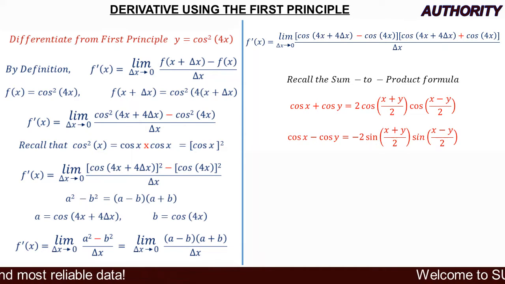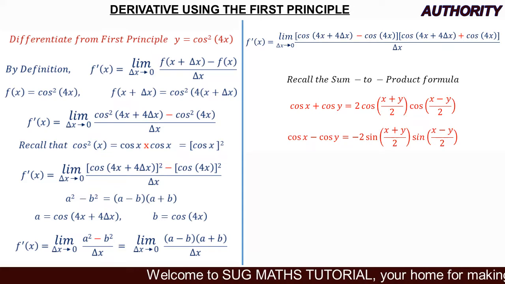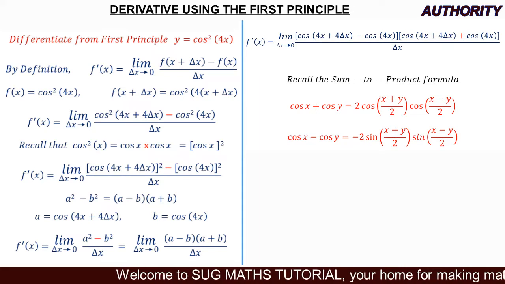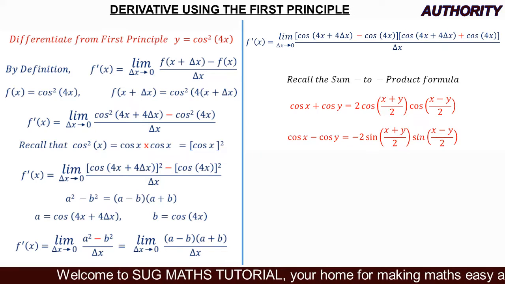So now, when you look at our numerator, we have cos of 4x plus 4 change in x minus cos 4x. Now, this is what we want to combine and turn into product. This first bracket is the difference, while the other one is the what? Is the sum. So we want to convert it to what? To product. Now, look at it very well.